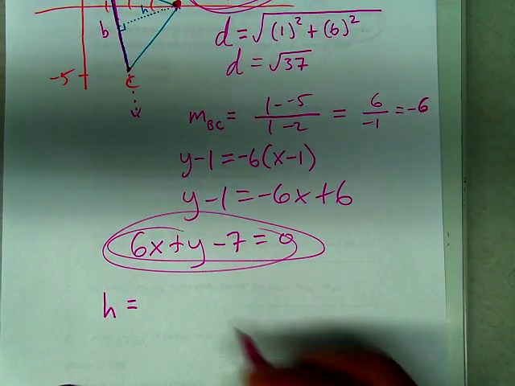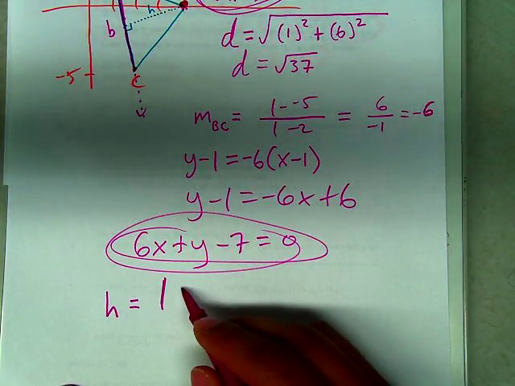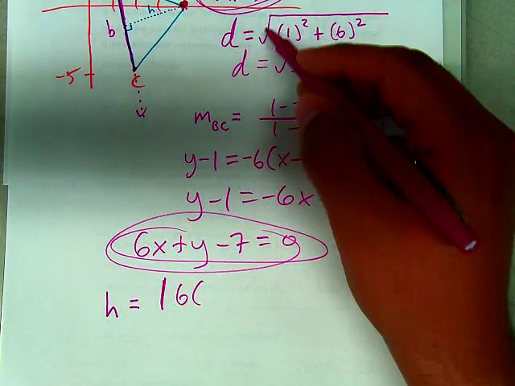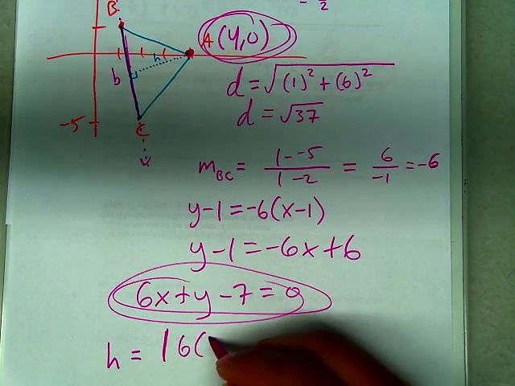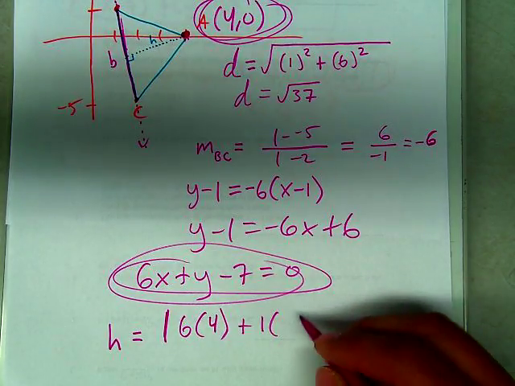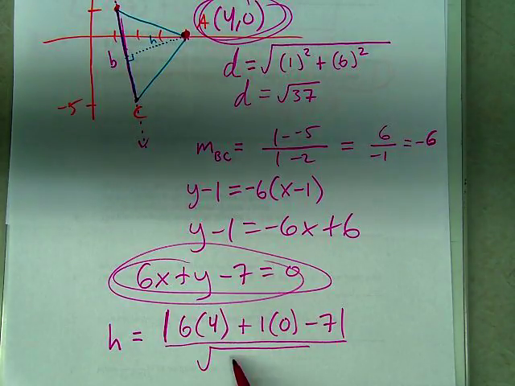That'll be the absolute value of 6 times the x-coordinate, 4, plus 1 times the y-coordinate, 0, plus the c value, which is negative 7, over the square root of 36 plus 1.